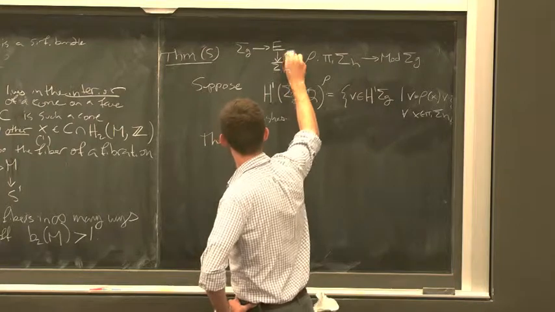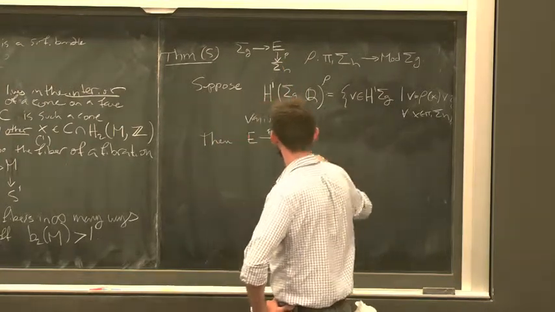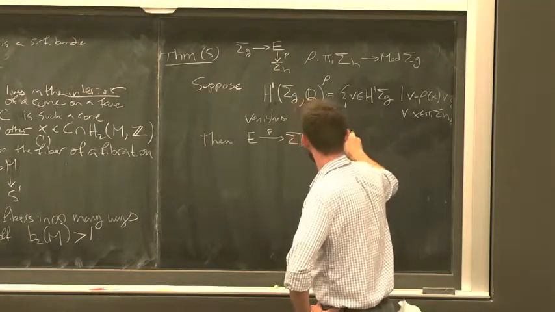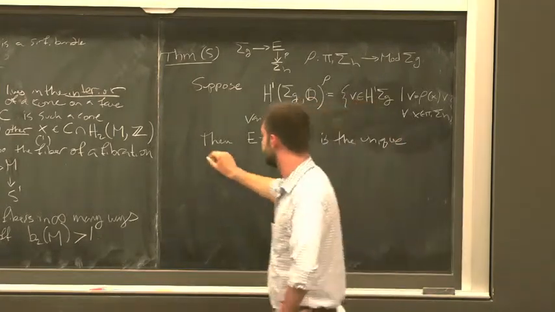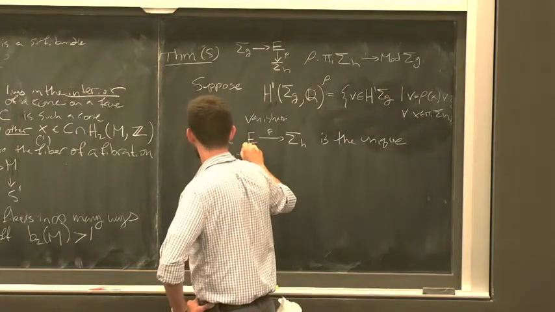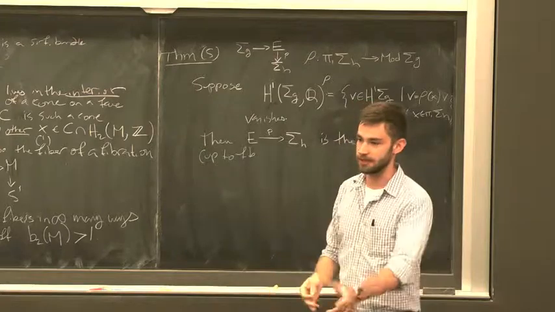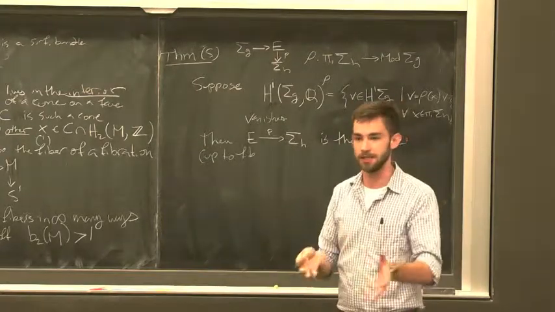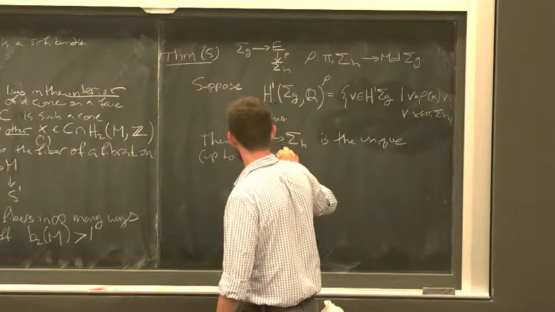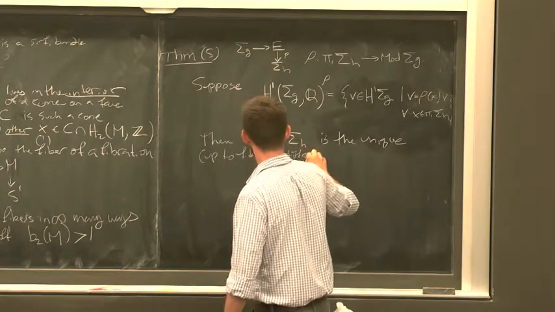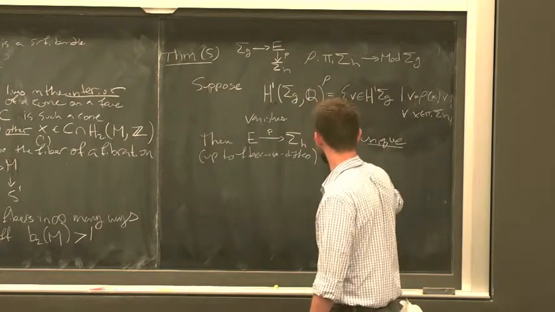Let's call this projection map P. Then E to sigma H is the unique, and I should say up to fiber-wise diffeo, because you're never going to have completely unique bundle structures, since you can always post-compose with some map that changes the base around. So up to fiber-wise diffeo, surface bundle structure.